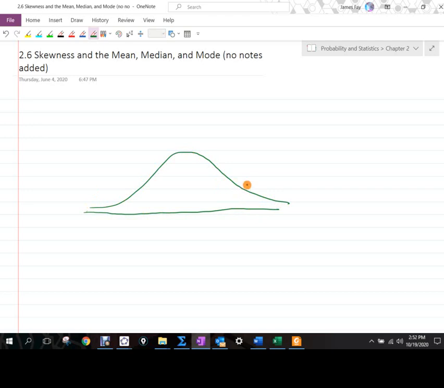All right, so if that's my normal distribution or my bell curve, and I've got my mean right here, whether it's x bar or mu, if I add 1 standard deviation, it's going to give me there.